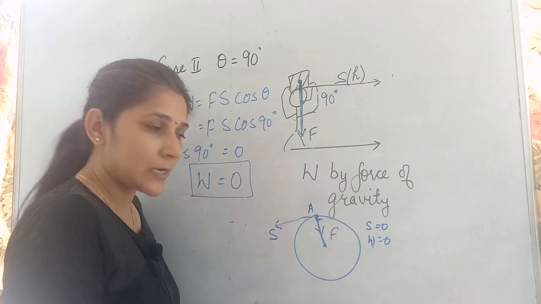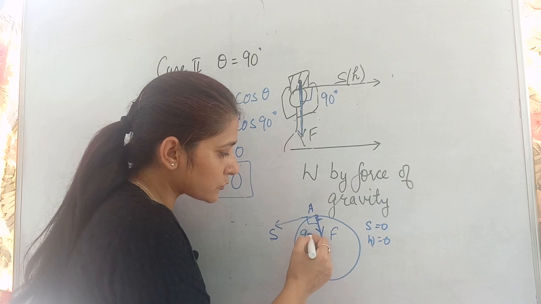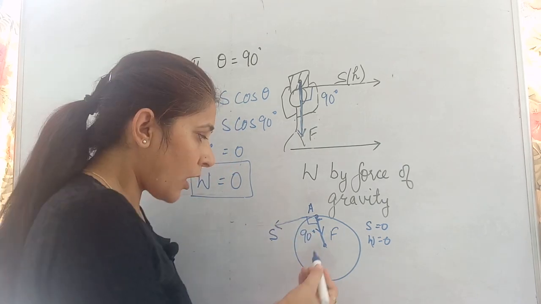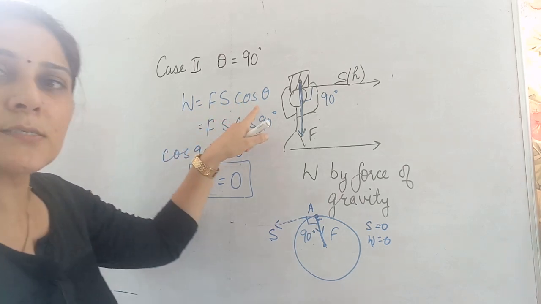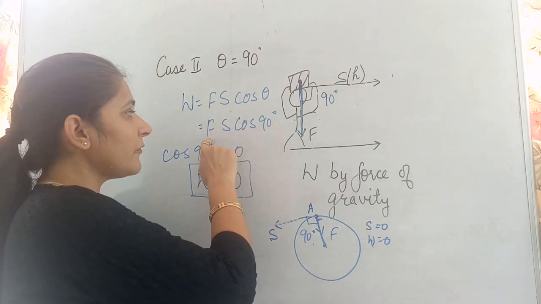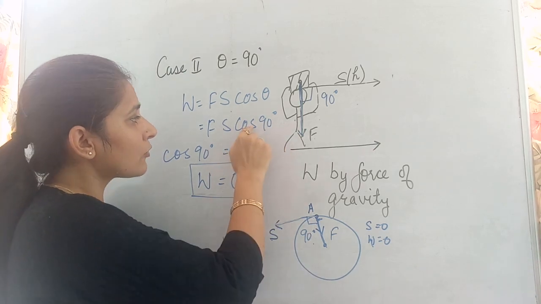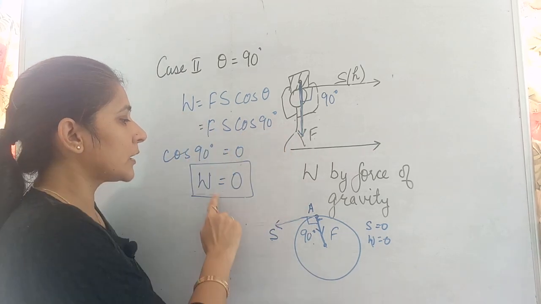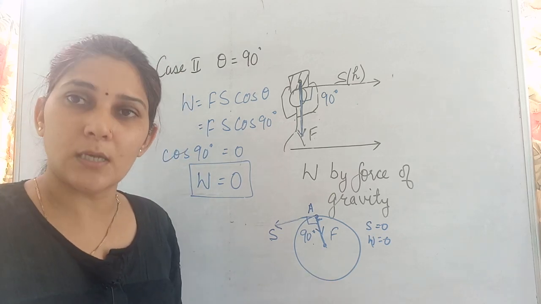This is displacement, this is force. The angle between these two is what? 90 degrees. So how can you find out work done? With the same formula, work done is equal to Fs cos theta. And this will become Fs cos 90 degrees. Because 90 degrees is the angle, cos 90 is 0. That means work done is 0. So in this kind of situation also work done is 0.